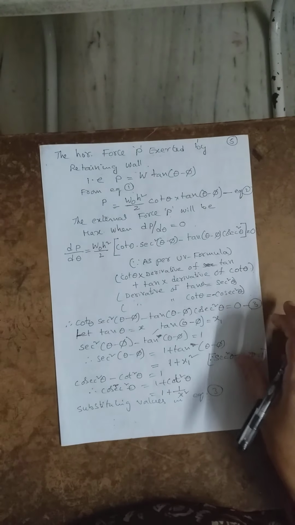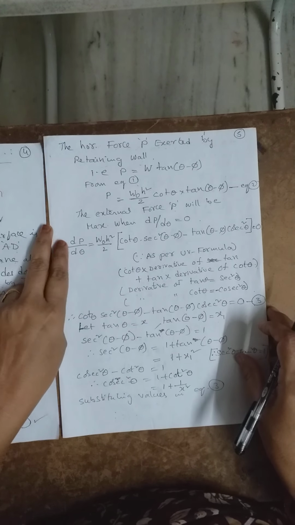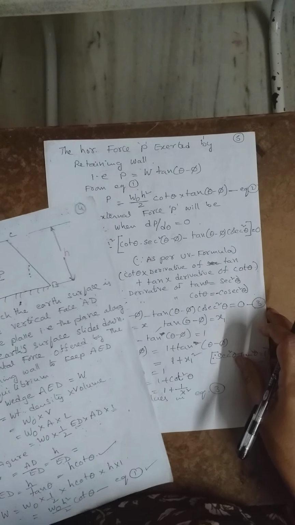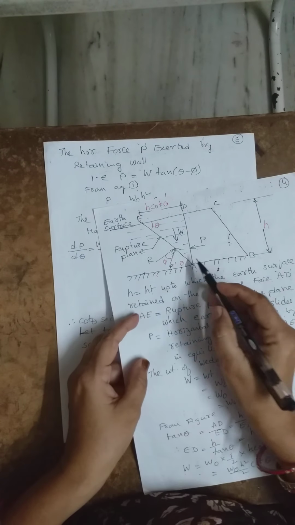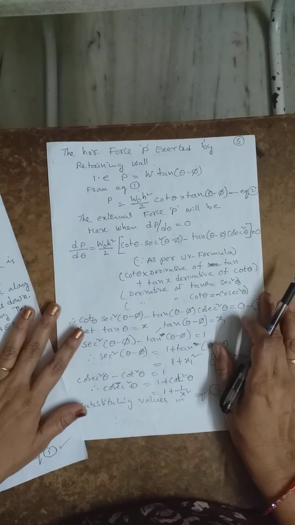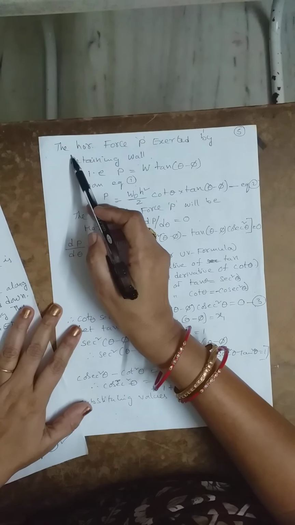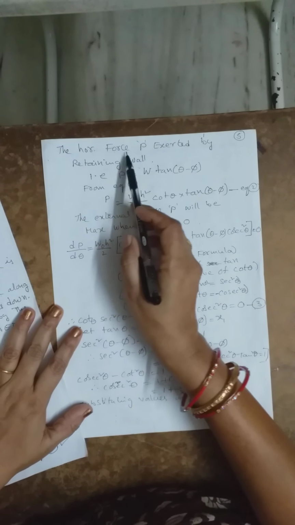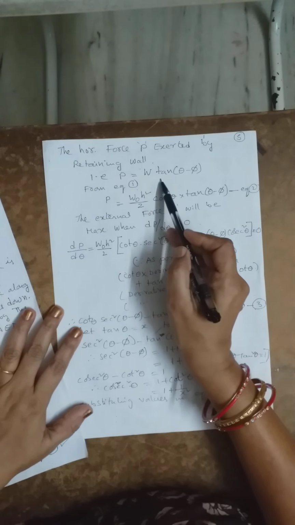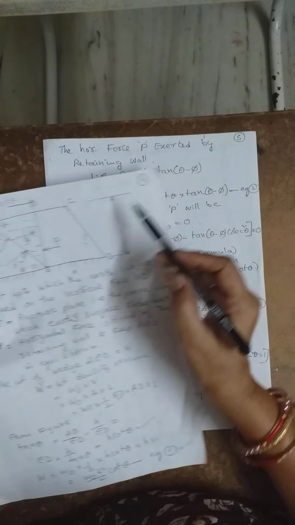Now coming to the forces acting on this retaining wall. The horizontal force P is acting, as I said, so we find out how much the different forces are. The horizontal force P exerted by the retaining wall is P equal to W into tan of theta minus phi.